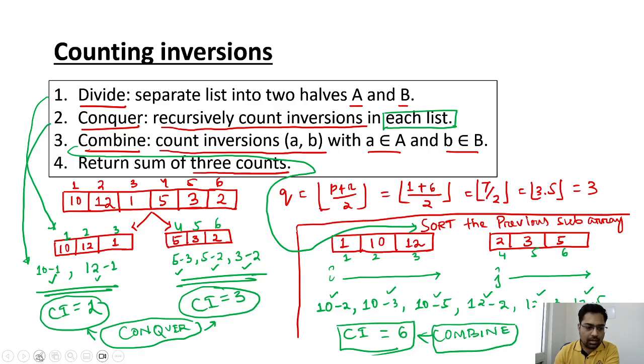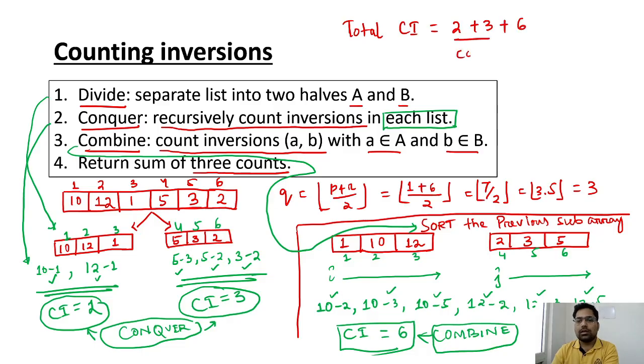So total inversions, total counting inversions, total CI could be equal to 2 plus 3 plus 6.